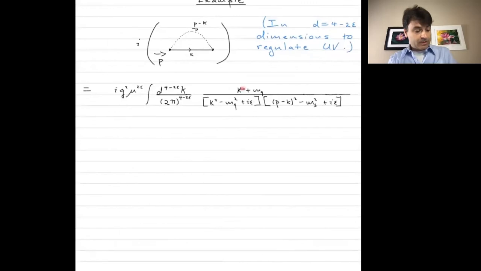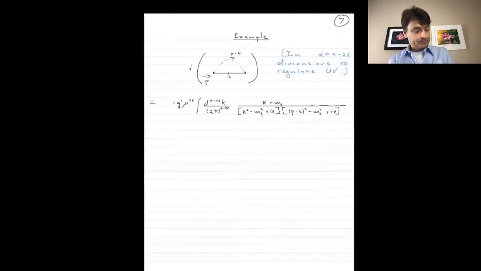You've got a k slash plus m for the numerator. You've got the denominator factors. Note the different masses. I have an m_q squared. I'm thinking of this as being sort of like a Yukawa theory version of a quark, because I'm used to working with quarks. And m_s is the mass of the scalar right here.